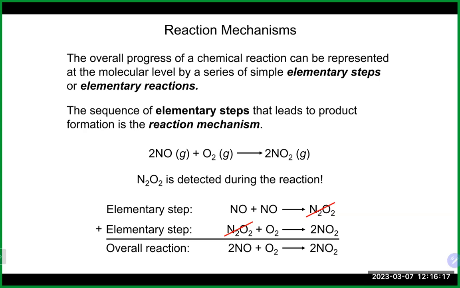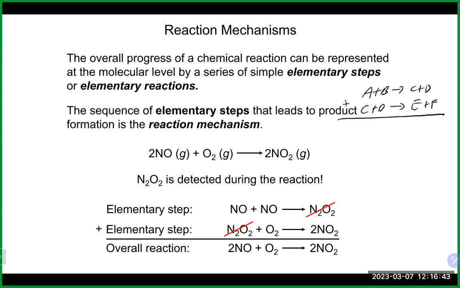Some reactions do take multiple steps along the way. So for example, it may be A plus B makes C plus D, then C plus D makes E plus F. And when we add reactions or equations together, anything that's on opposite sides of the arrows can cancel or reduce.